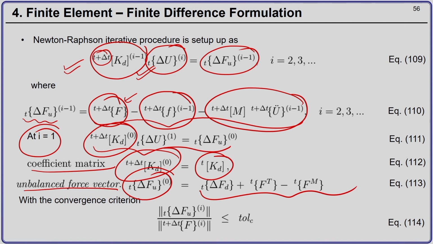So, you can solve this equation 109 iteratively over a particular time increment going from t to t plus delta t, and you can get the value of delta u. Here the displacements are updated in an incremental manner rather than an iterative manner. We update the displacement in an incremental manner.